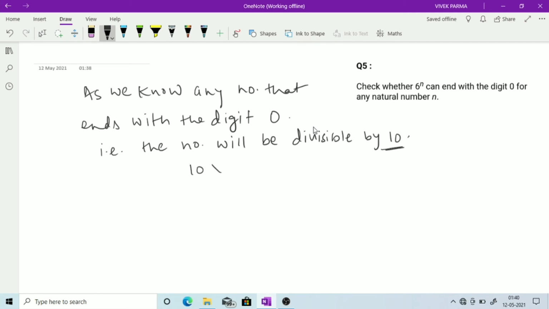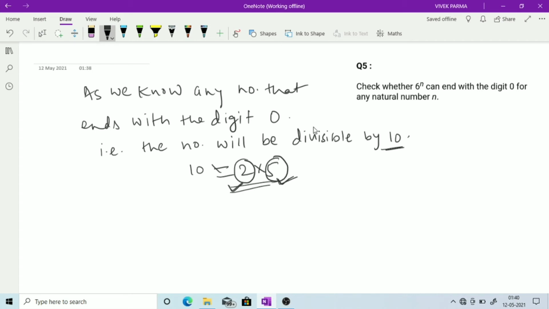So here 10 will be equal to 2 into 5, right? It means the number divisible by 10 will be divisible by 2 and also by 5, right?